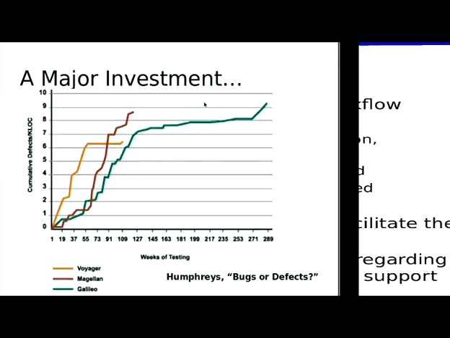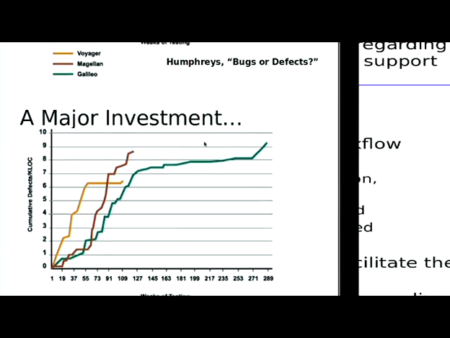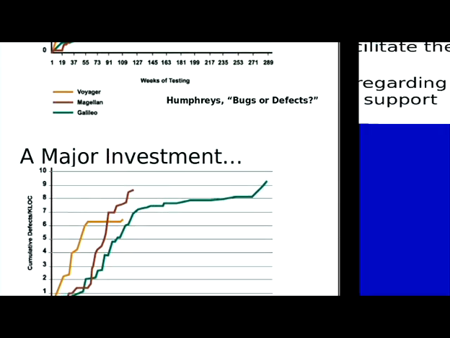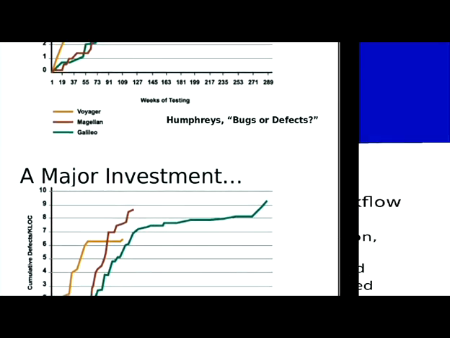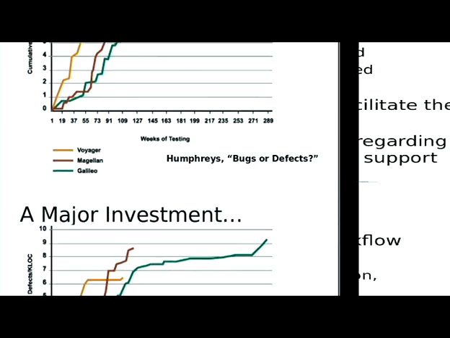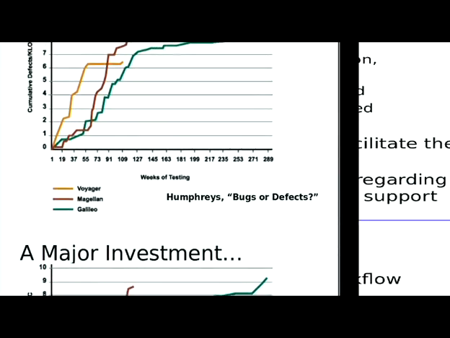And this shows for NASA three projects that sent out probes into space, in some cases now in interstellar space for Voyager. It shows the number of defects found per 1,000 lines of code over time, by weeks of testing on the x-axis.